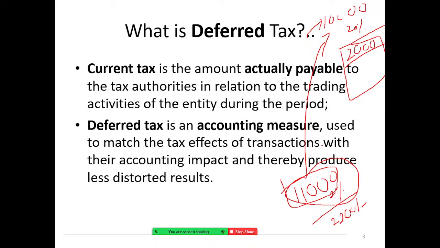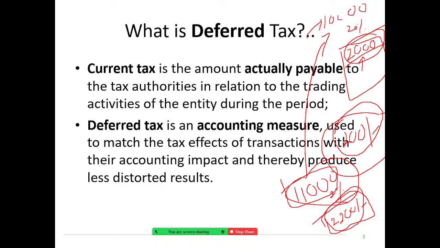Say for example here the actual tax is 2,200, but based on the accounting profit, the tax is 2,000. So here we actually pay 2,200. It means we paid 200 in excess.